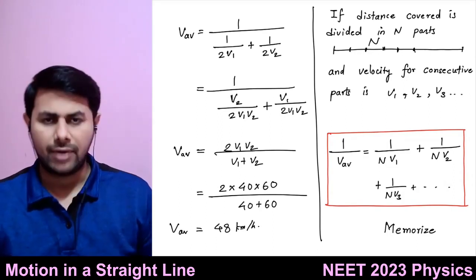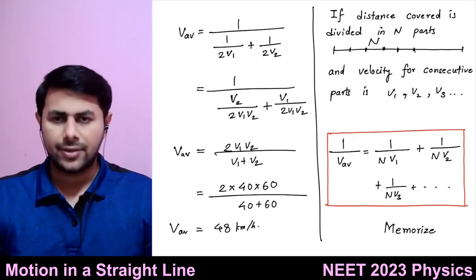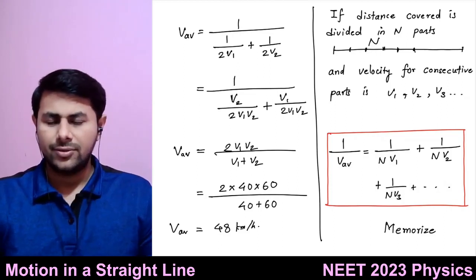Okay, then the average velocity is this. All right, so everything is clear till now.